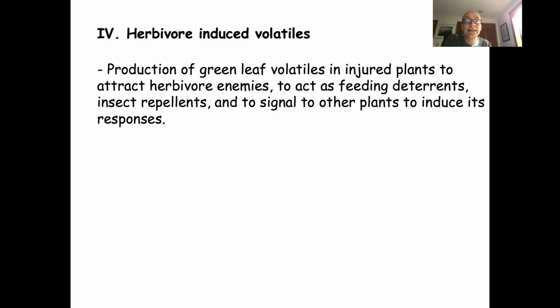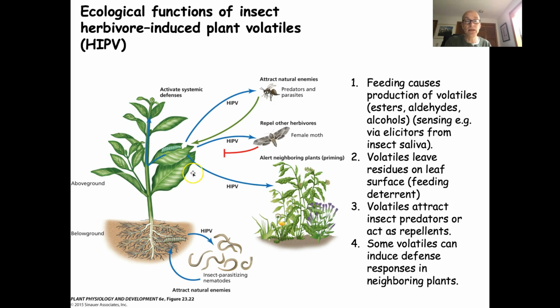But what is meant here is that volatiles are produced by the plant that act as feeding deterrents or insect repellents, and also to signal to other plants. But when I say here that it acts as feeding deterrents and insect repellents, one other thing that it does is it also attracts herbivore enemies to the plant itself. So it's not just for the benefit of the neighboring plants, it's also for the benefit of itself. Let me show you what I mean.